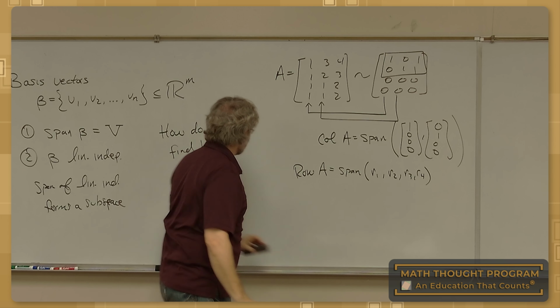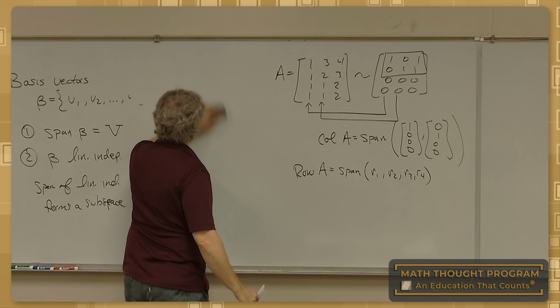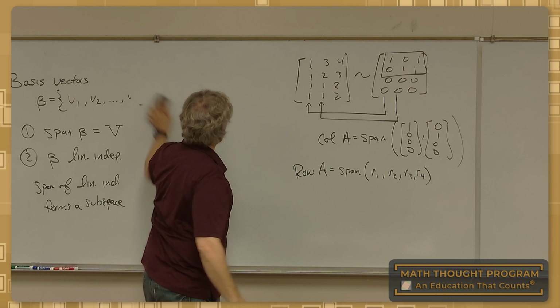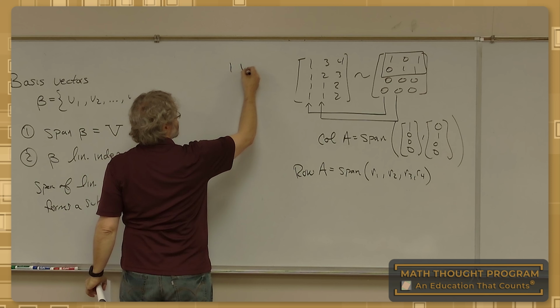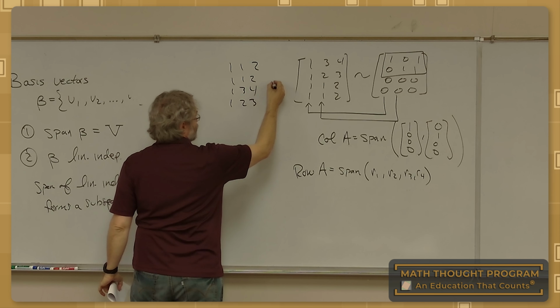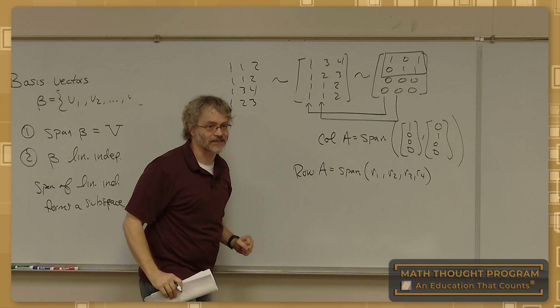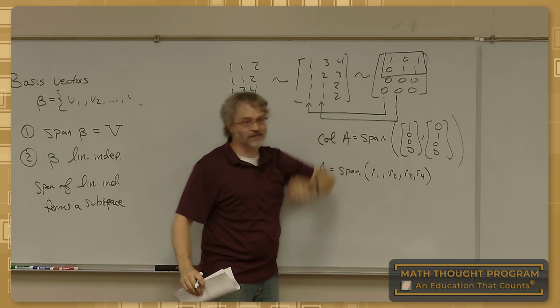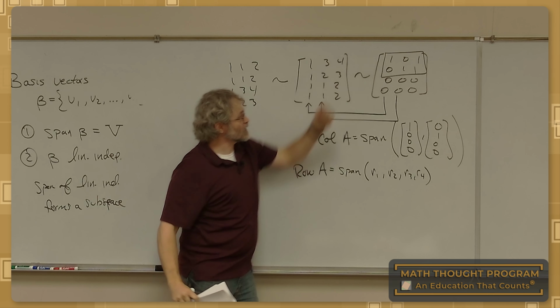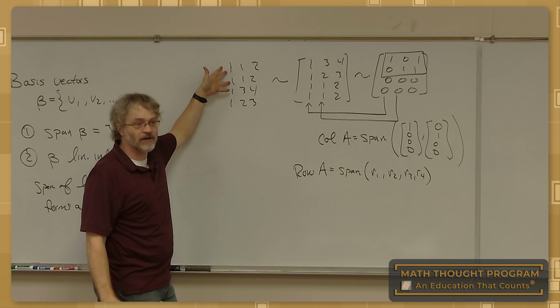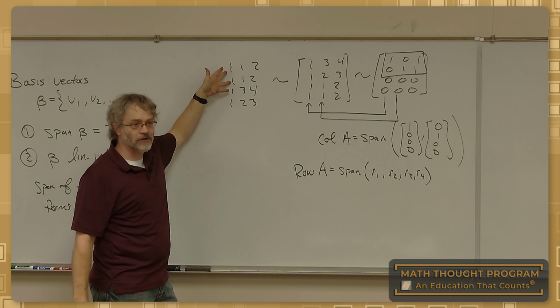Because what if the matrix originally, what if it was this? And I did a row operation to turn it into this. And then I did another row operation to turn it into that matrix. If I trace it back to the original matrix, would you say that those two vectors would comprise the whole entire row space?